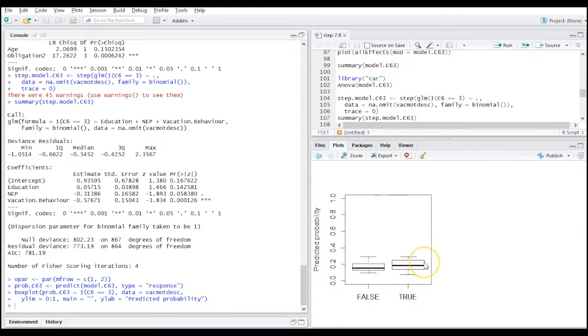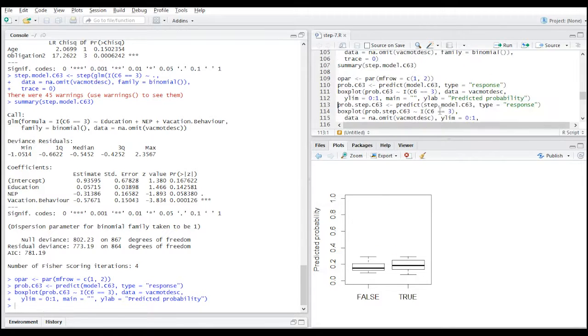What would be the optimal outcome if we had very, very good descriptor variables which would allow us to more or less perfectly predict who's in segment 3, yes or no? We would expect that one box is up here and the other one is down here. Here what we see is only a slight shift in the two boxes, with the predicted probabilities slightly higher for those respondents who are really in segment 3 than those who are not.